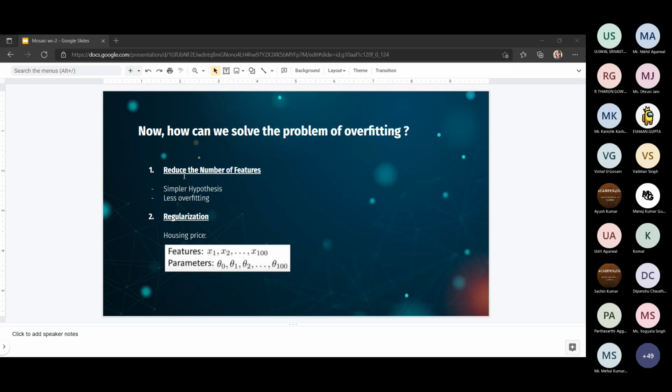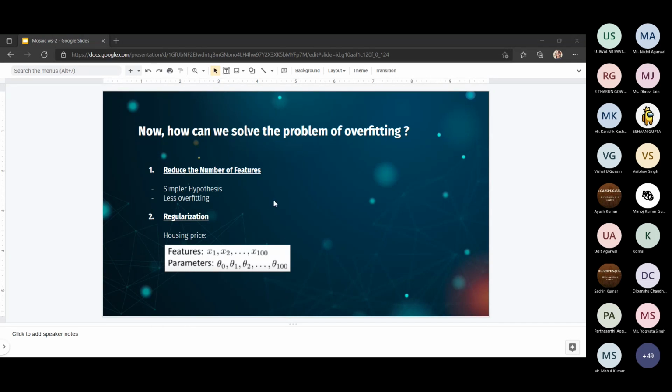For those of you who don't know model parameters, as Rishabh told you, those theta 1, theta 2 parameters are the variables your algorithm is trying to tune while building an accurate model. So we penalize these model parameters such that they become very small, which results in simpler hypotheses, and hence our model will be less prone to overfitting.